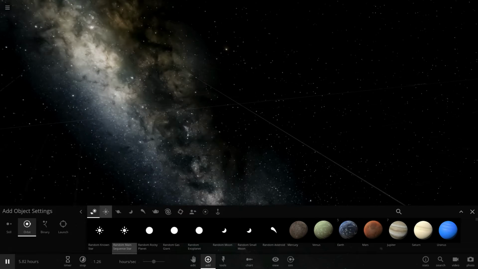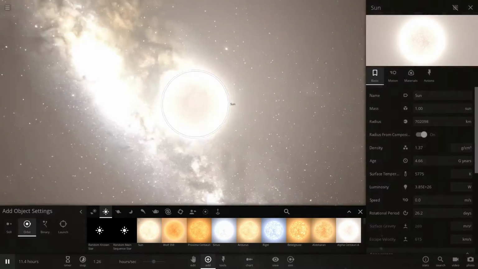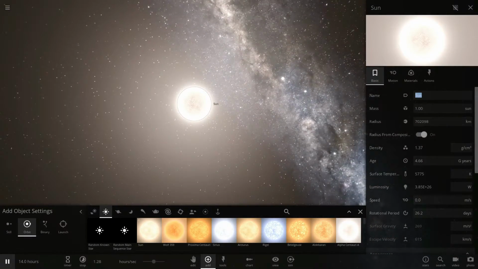So the next star we're gonna have is we're gonna take the sun, plop it there. We're gonna take this orange subgiant star. So what we're gonna do is we're gonna do this as like 5.57 times the mass.